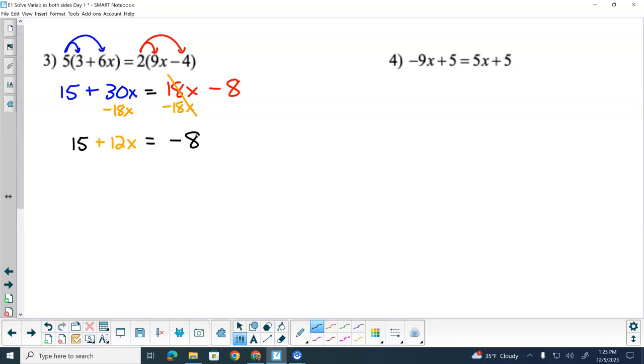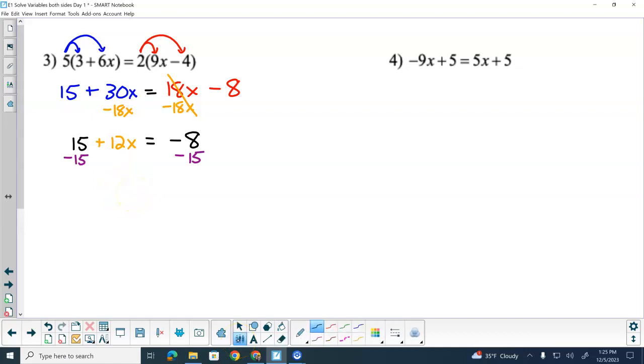If I move my variables to the left, that means I got to move my numbers to the right. So then that's going to give me, oops, I didn't put negative there, that should be positive.